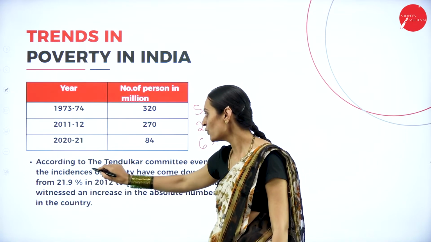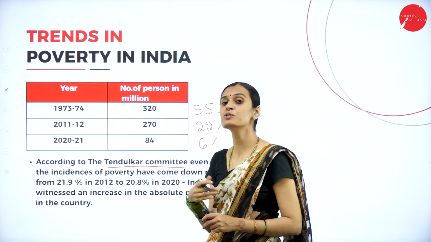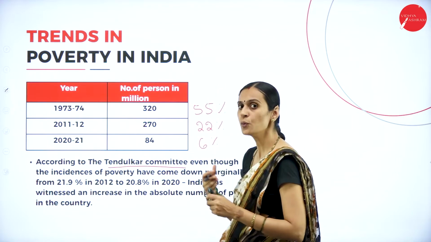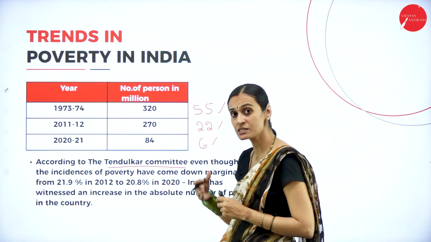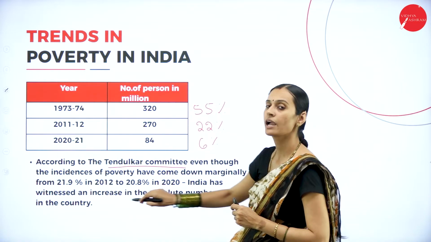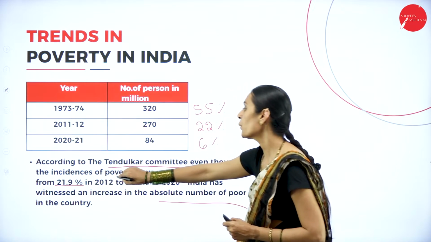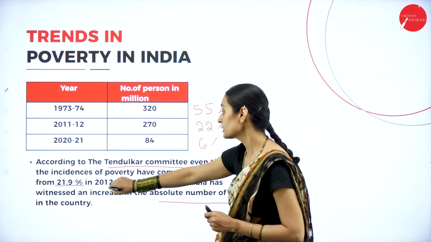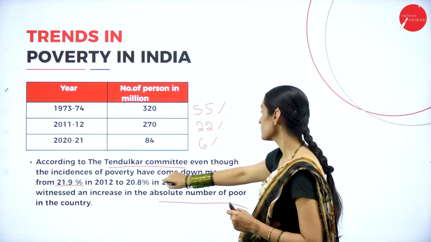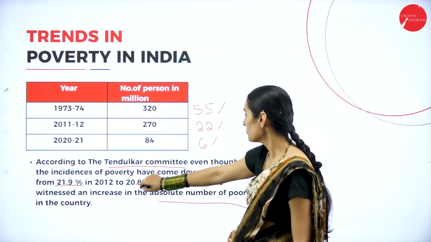According to the Tendulkar committee, which we have to consider, absolute poverty is increasing. Though the poverty position is coming down, the absolute number of poor in the country is increasing. See here, 20.9% in 2012, but in 2020, 20.8%, just quite comes down.